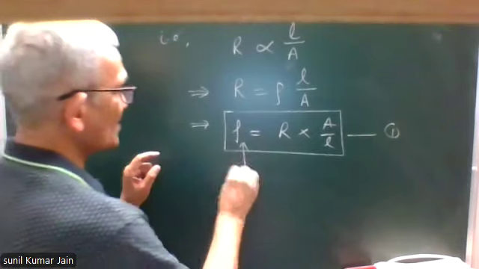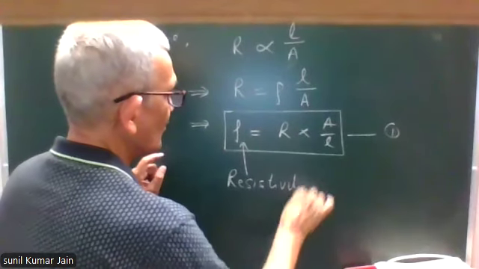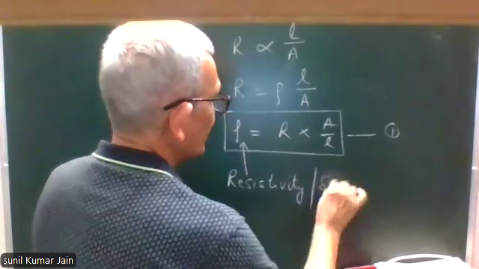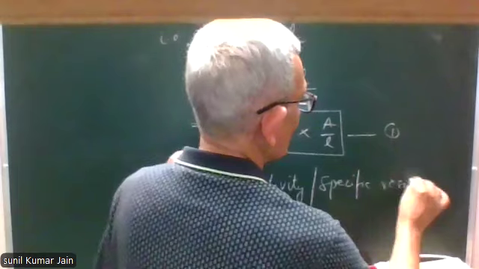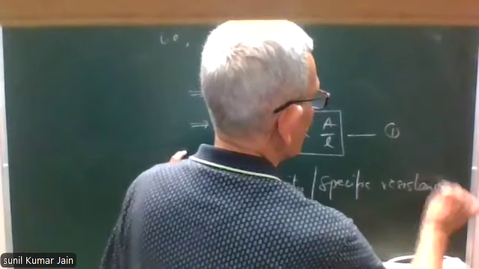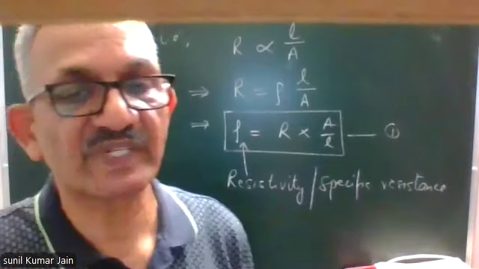Rho is called resistivity or specific resistance.